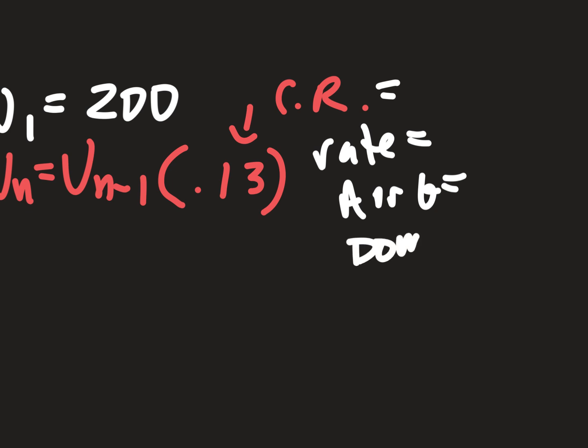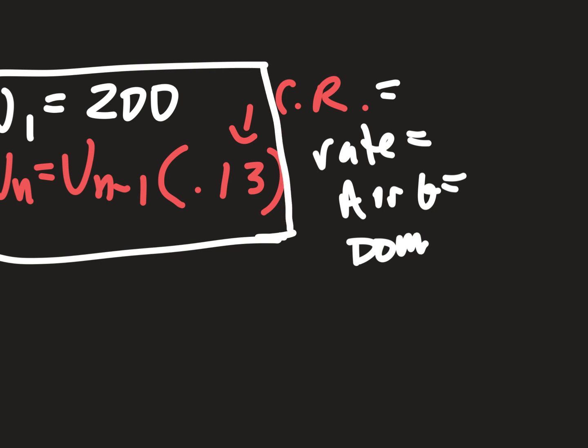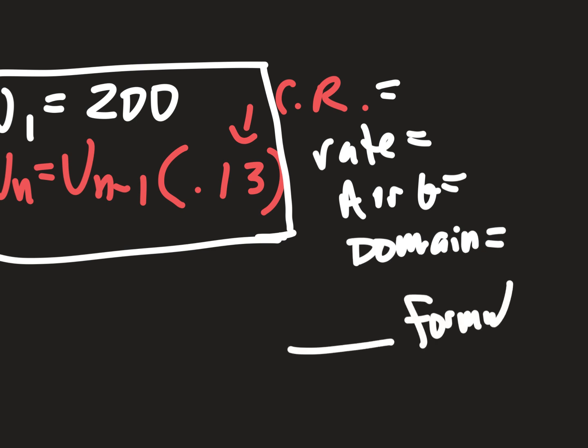What's the domain? I just added a little bit to my little formula here. What's the domain of the formula? What kind of formula is it? Not arithmetic or geometric. This is a different word. It's like what this chapter is all about. What kind of formula is that?